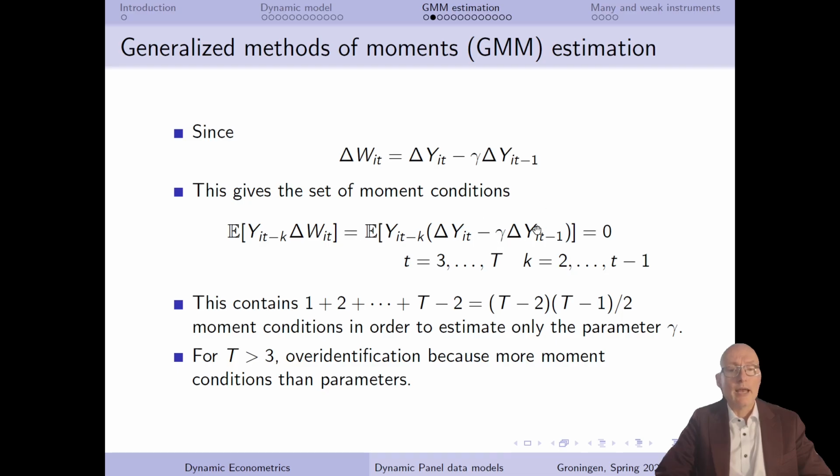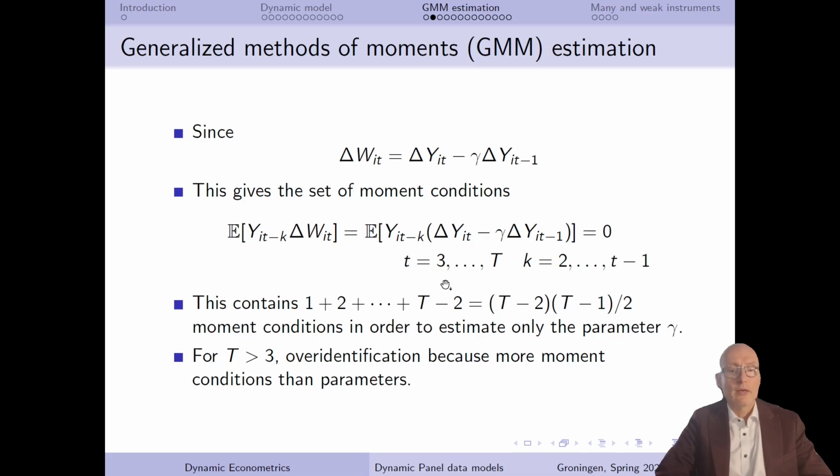Again, t should run from 3 to capital T, and k should run from 2 until t minus 1, because if we substitute t into, for example, here, we get y_i0, and that is of course not possible. That implies that we're going to get 1 plus 2 up till T minus 2 different moment conditions. That gives us, of course, (T minus 2) multiplied by (T minus 1) over 2 different moment conditions in order to estimate only one parameter gamma.